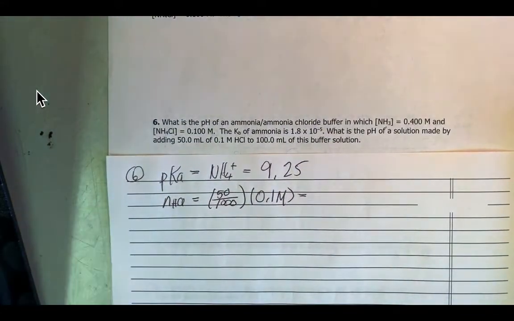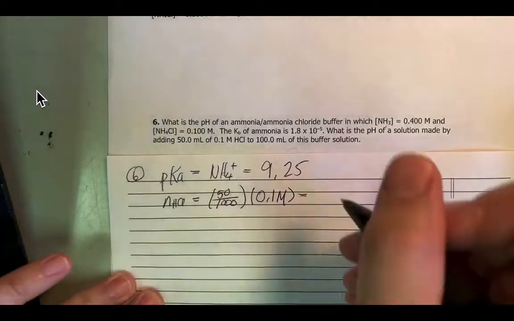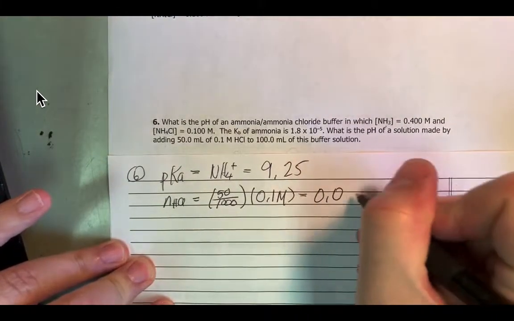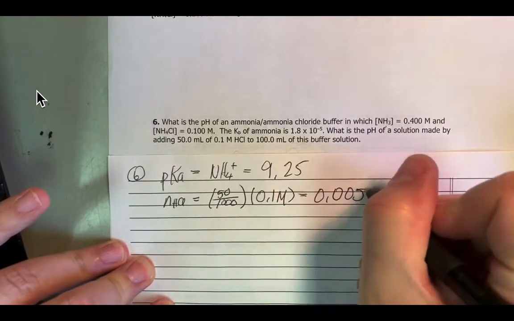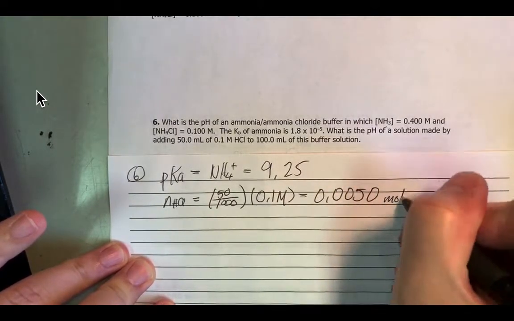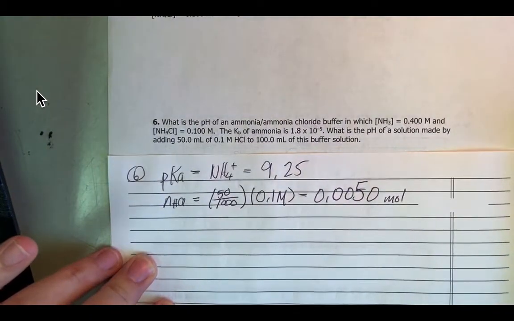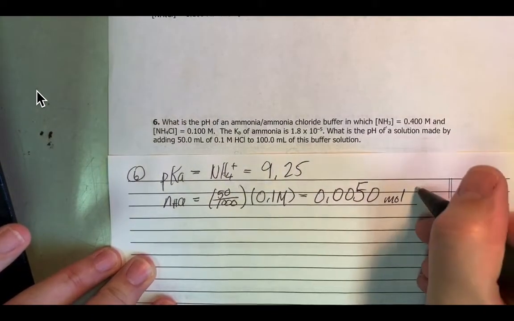Because my concentration is moles per liter, liters times moles per liter will give me the number of moles. 50 divided by 1,000 times 0.1 is 0.0050 moles. Okay, 0.0050 moles of HCl.